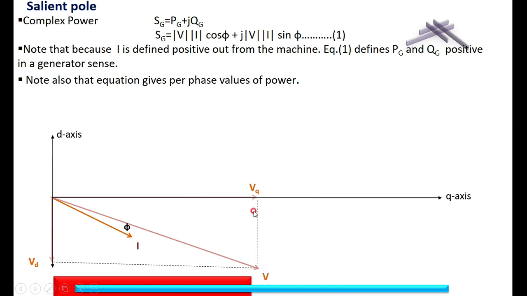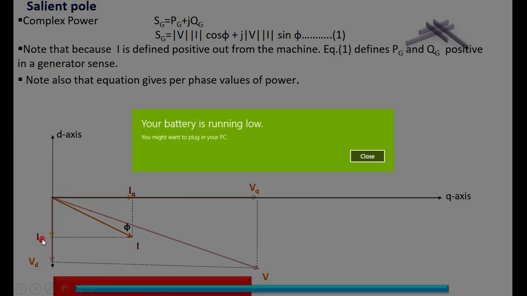V is resolved into two components. Similarly, I is also resolved into two components: IQ along the Q axis and ID along the D axis.